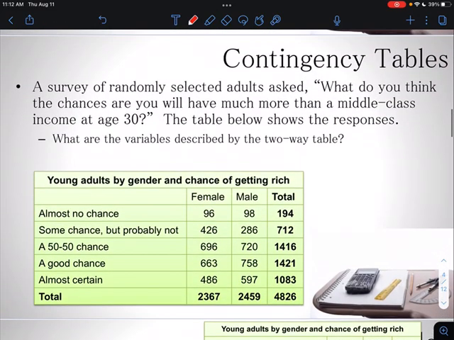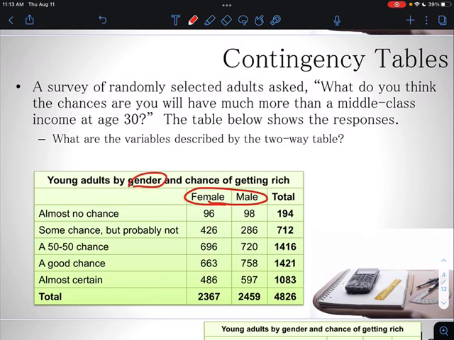Another example for a contingency table here: a random selection of adults. What do you think the chances are that you will have a much more than middle class income at age 30? The table below shows the responses. And so it asks, in this two-way table, which is set up a little differently than the first one, what are the variables described by the two-way table? If we look at this closely, we notice that one variable, broken down male versus female, would be gender.